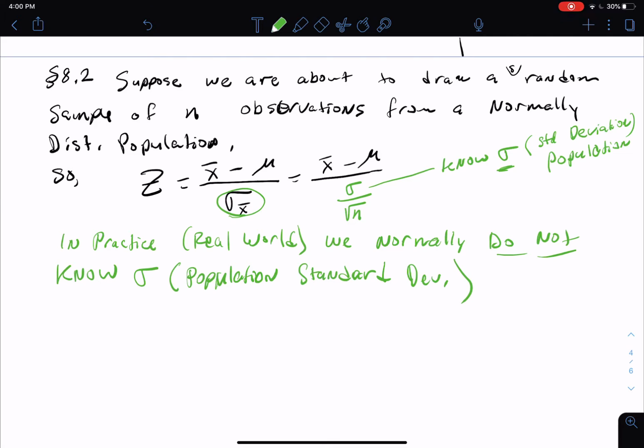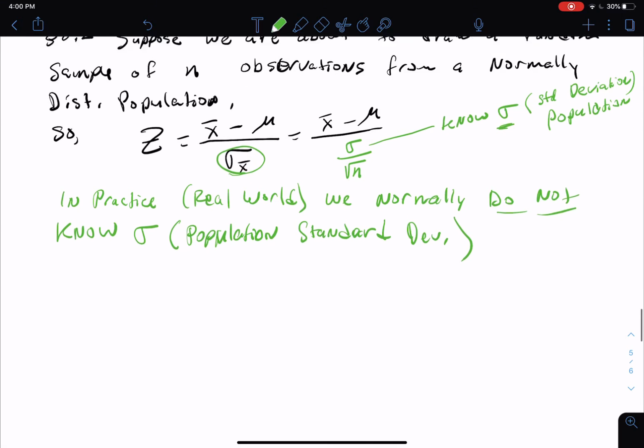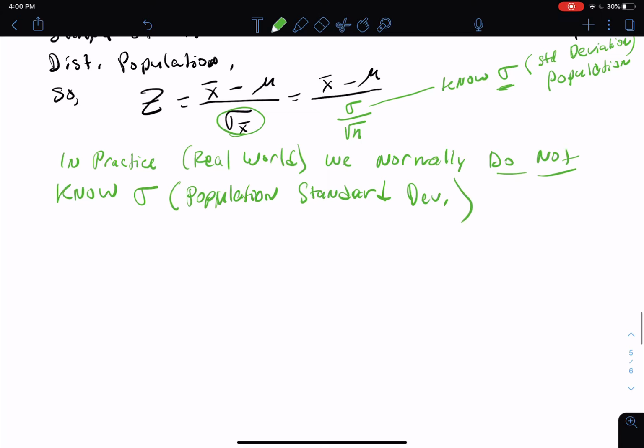Now in 8.1 we did know sigma, our standard deviation for the population, so we had a formula for that. Now 8.2 is an example where we don't know what sigma is. So if you don't know what sigma is, we do the next best thing.